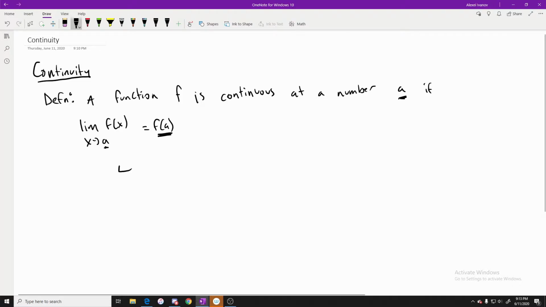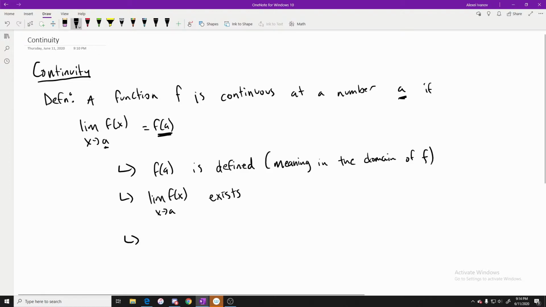From here, we can derive three key things. The first thing is that f of a is defined, which we can also rephrase and say that it's in the domain of f. The next key thing that we can extract from this definition is that the limit as x approaches a of f of x exists.